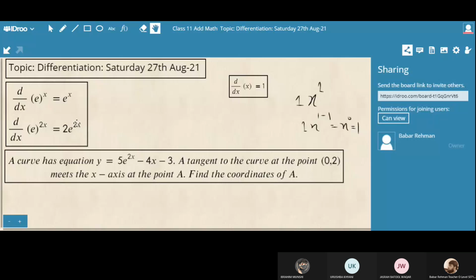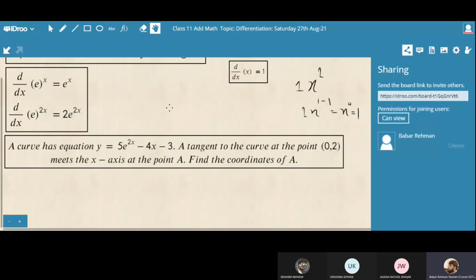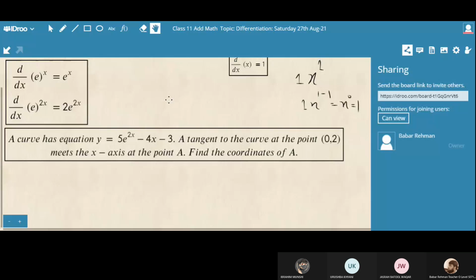The derivative of 2x is 2, so that is why I have written 2 here. Keeping in mind the last lesson on the equation of tangent and equation of normal, the same thing applies here.